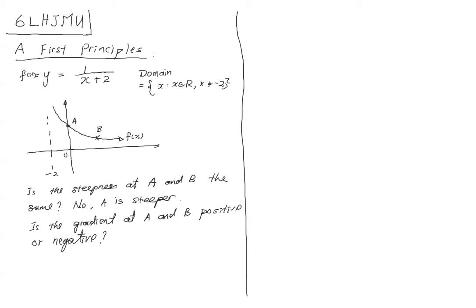Negative. Chris, negative. Why do you say negative? From left to right, it goes downward. Yeah, from left to right, it goes downward.